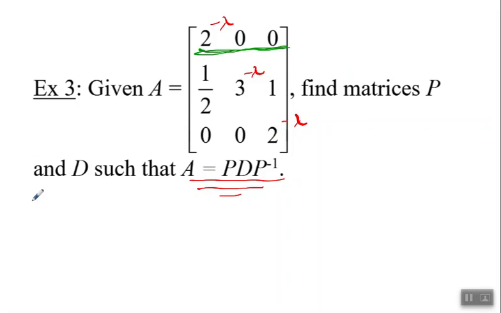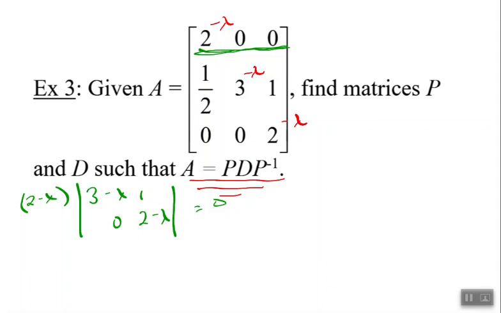So we're still going to factor out a 2 minus lambda. And then we still have this determinant of 3 minus lambda, 1, 0, and 2 minus lambda. So don't drop those minus lambdas as you're doing your work. And we want that to equal 0 to find the eigenvalues. And so it actually becomes fairly easy, I think.